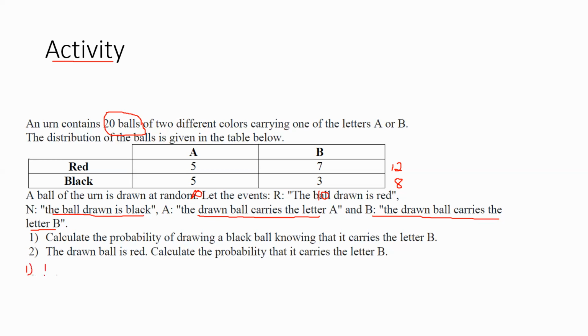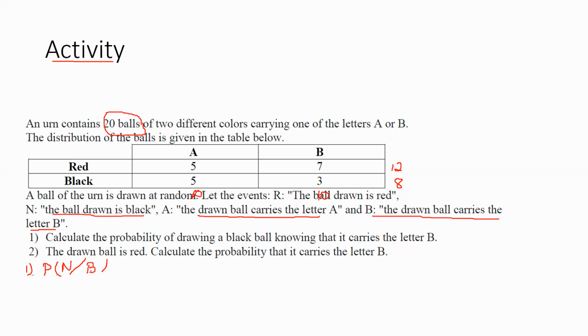Calculate the probability of what? Black color, and it carries letter B, and it's 3. Calculate the probability of drawing a black ball. Black ball means N. And knowing that, I put this slash, carries the letter B.